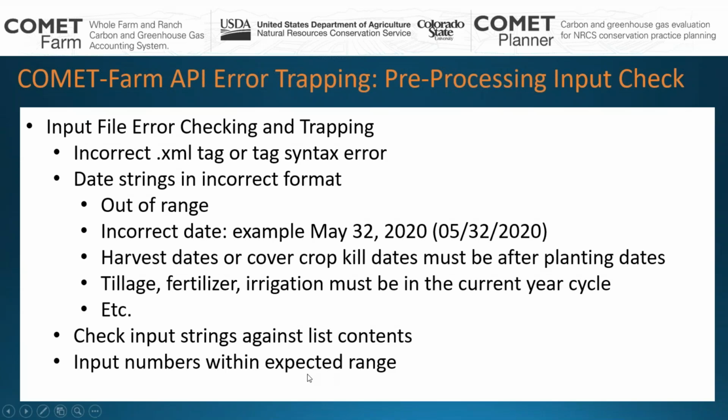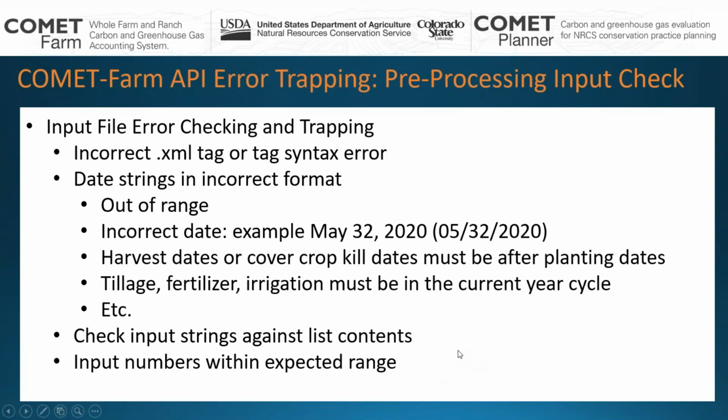So we check all the input strings against list contents, and if there's a mistake, we report those back. And then finally, we check where input numbers are expected. If there's a range that we're expecting and a number falls outside of that range, we check.